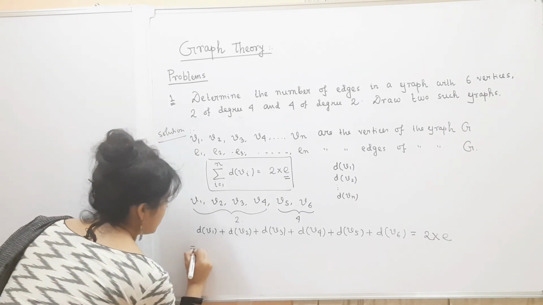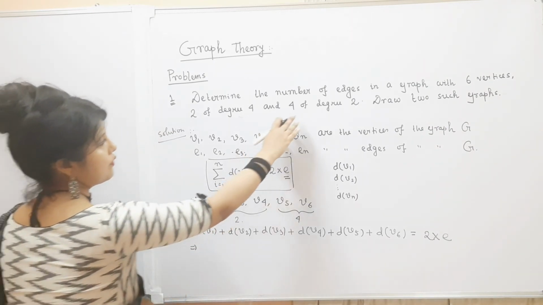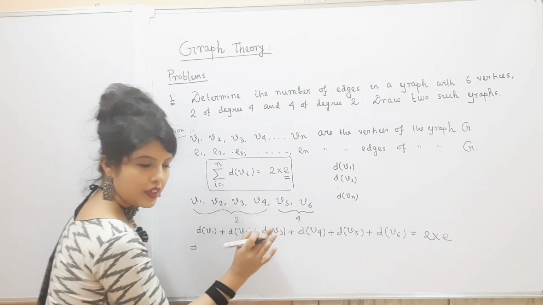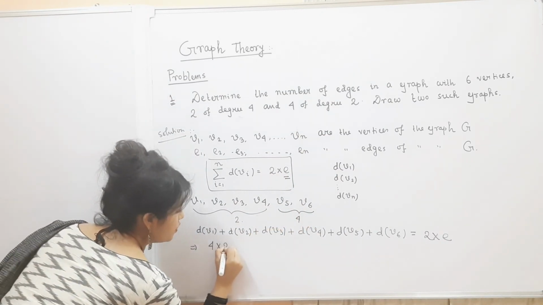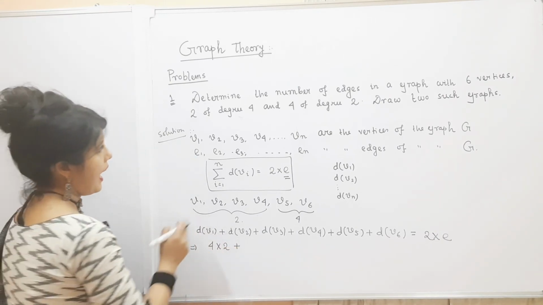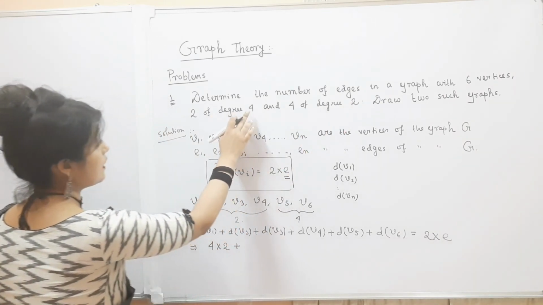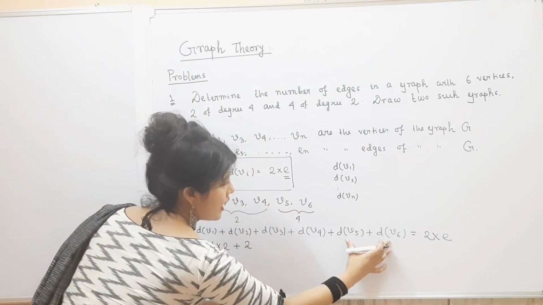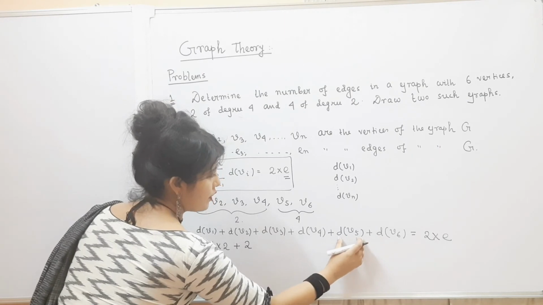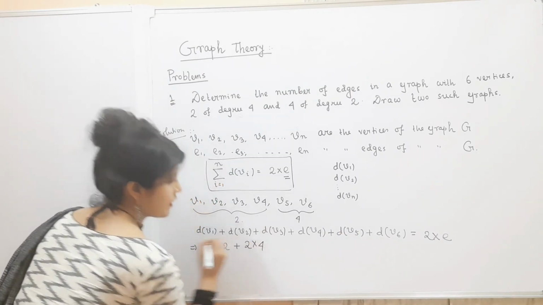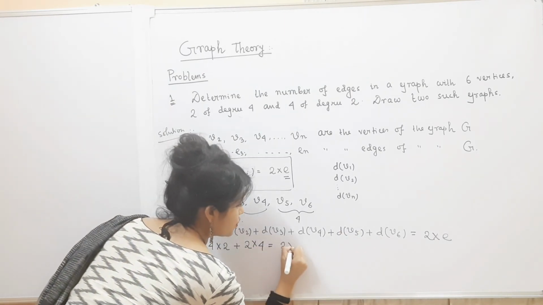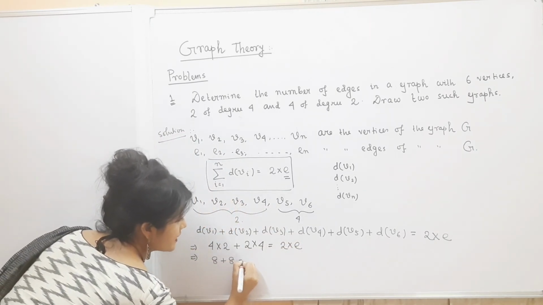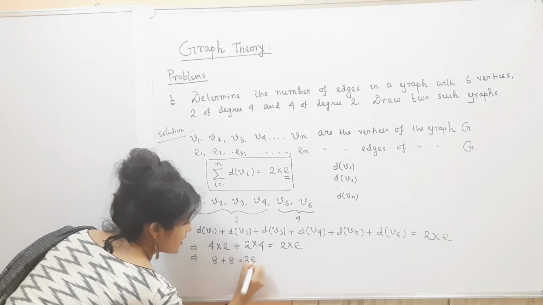Now 4 are of degree 2, so 2 plus 2 plus 2 plus 2, that is 4 into 2, and 2 are of degree 4, so 4 plus 4, that is 2 into 4. This is equal to 2 into E. So this is 8, this is 8, and this is 2E.